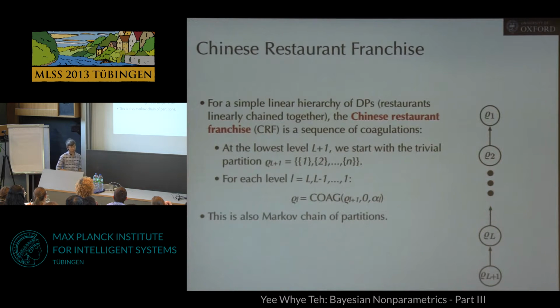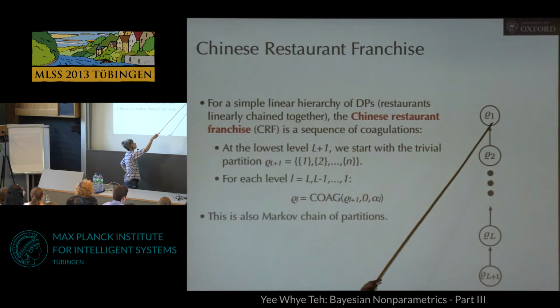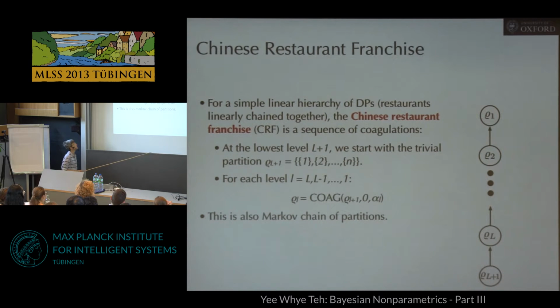Okay, so if you have again a Markov chain over coagulations like this, then you start off with everybody in its own cluster, and then we're going to keep on merging clusters together until everybody belongs to one big cluster at the top. Okay? So basically that corresponds to a hierarchical Dirichlet process where the Dirichlet processes are connected in a single chain, basically.